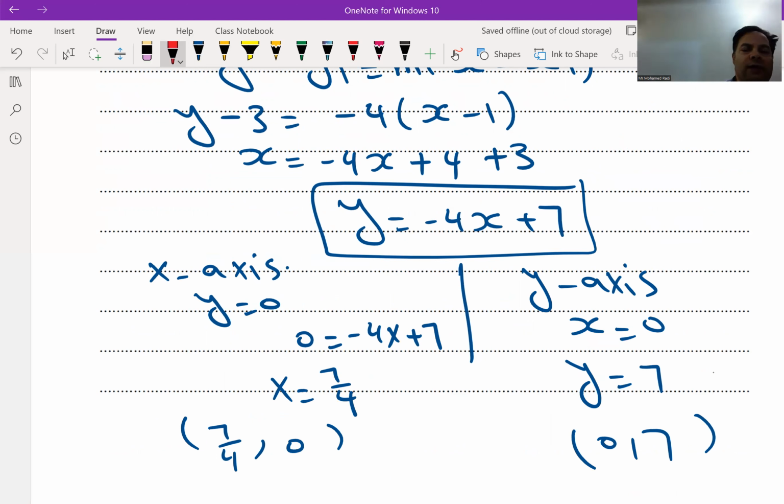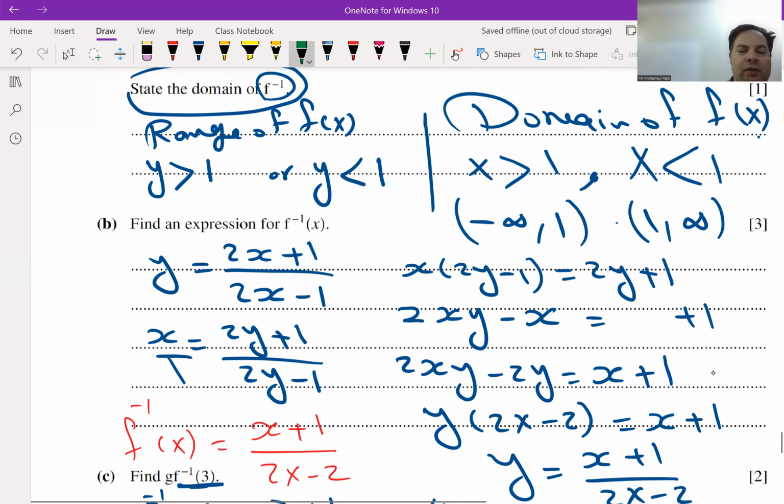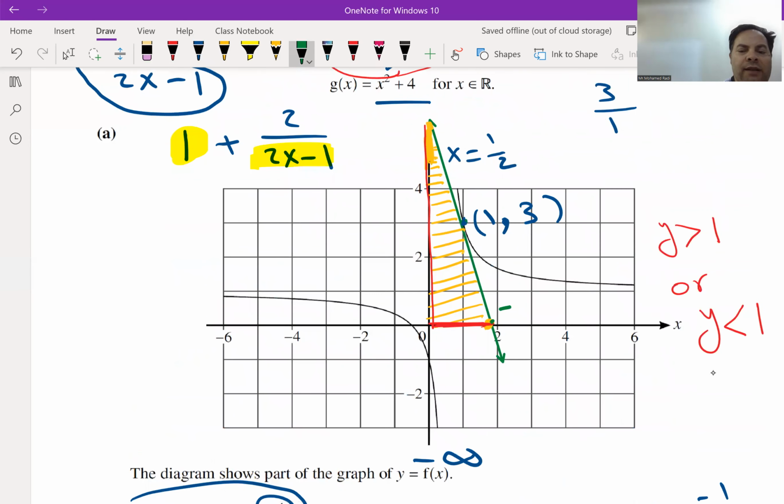Now look at the graph. We already have the intersection with the x-axis and the intersection with the y-axis. This value at 7 over 4, and this value at 7. So the area of the triangle is half base times height. The base is 7 over 4, and the height is 7.